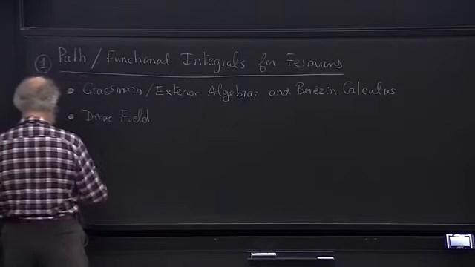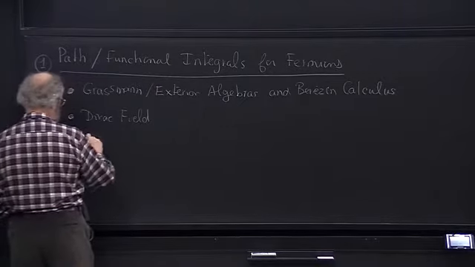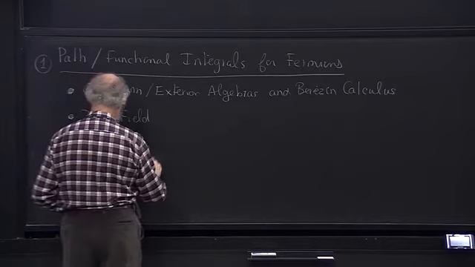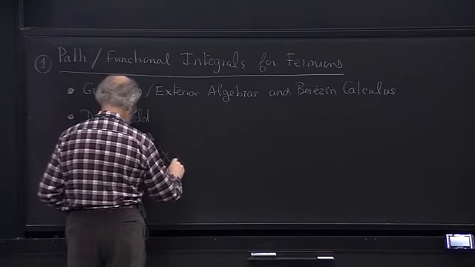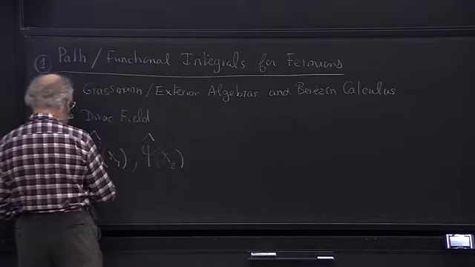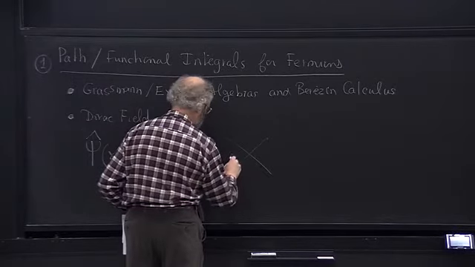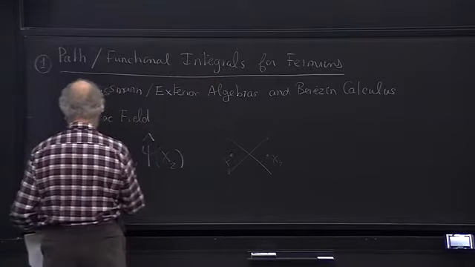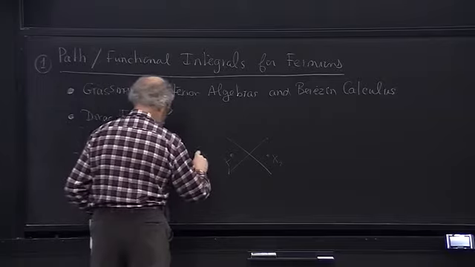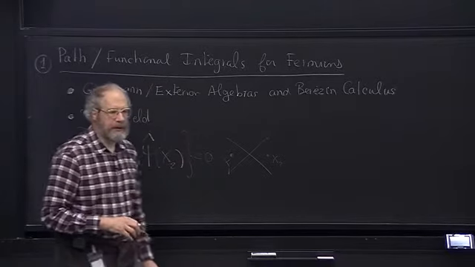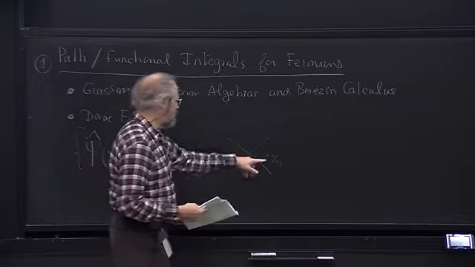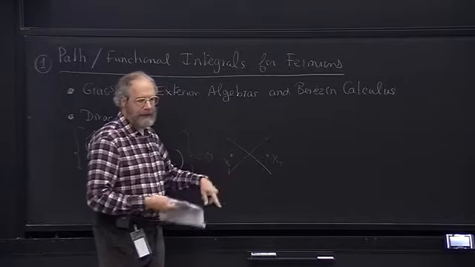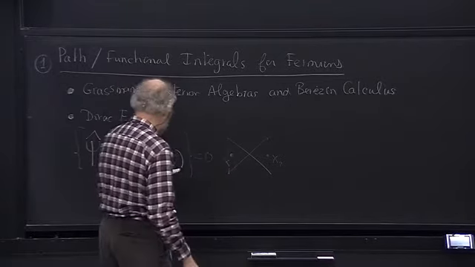Namely, if you have a Fermi field operator, let's call it psi hat, defined at some point x1 in space-time, and another operator psi hat or psi dagger at x2, if x1 and x2 are causally separated, instead of commuting, they anti-commute.